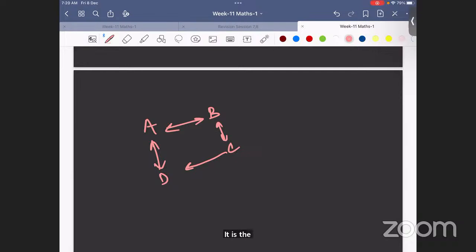Because we have mentioned the direction on the edge, the direction of the vertex. Okay. Now tell me, is it a directed one or not?